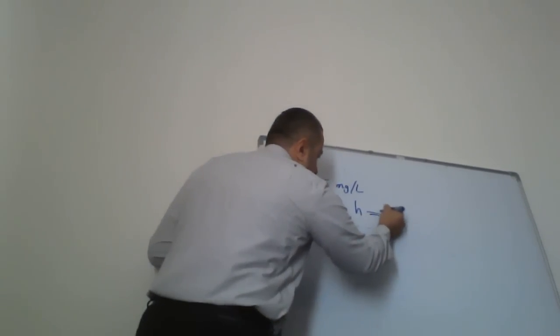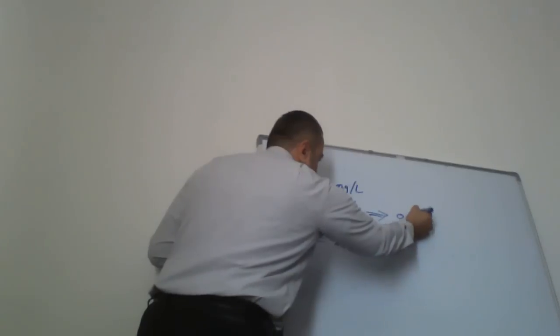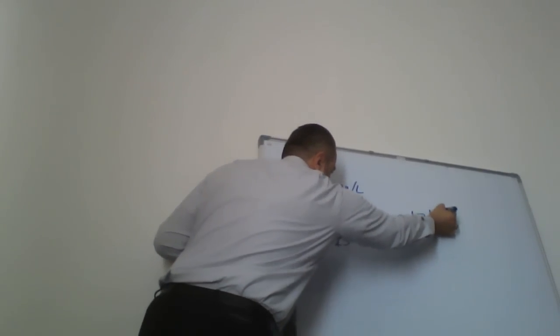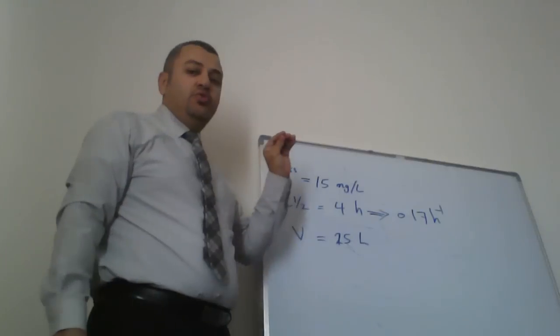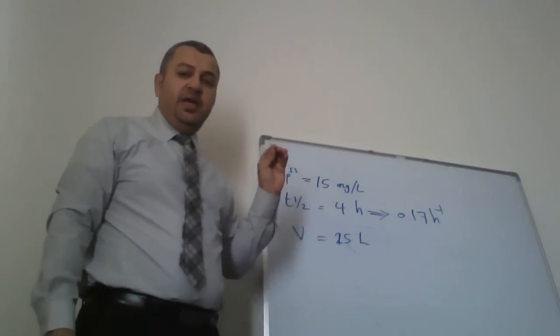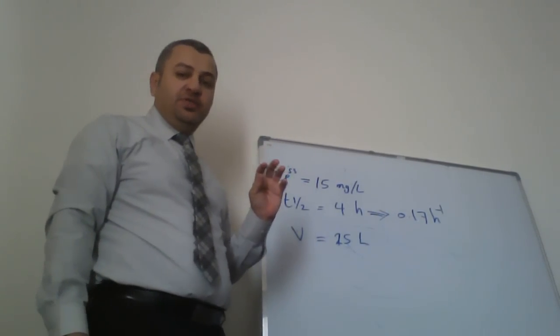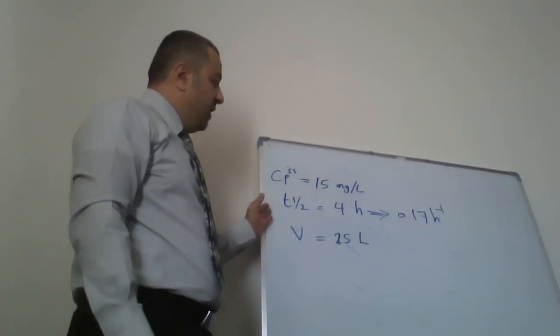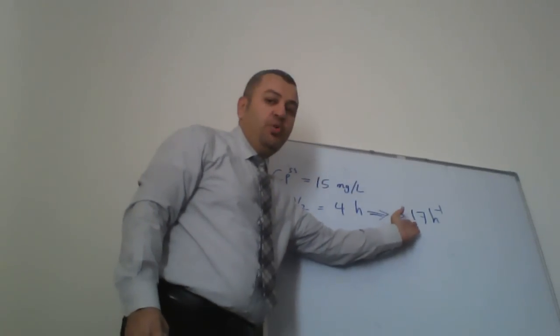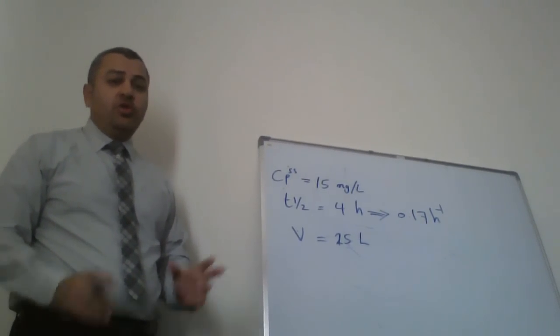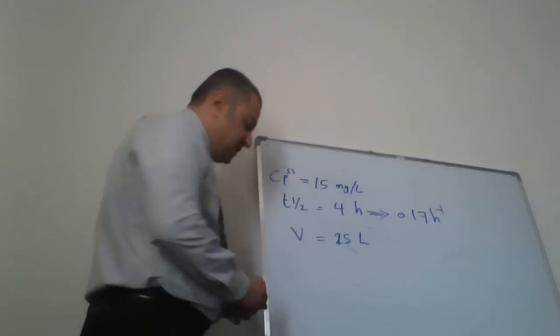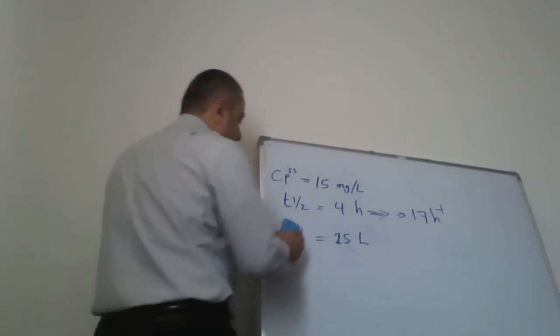Therefore, you could calculate Kl. How do you calculate Kl? Kl is equal to 0.693 divided by the half-life, which is 4 hours. If you do that, the answer will be 0.17 hour to the power of minus 1. So all you need to do now is calculate K0.